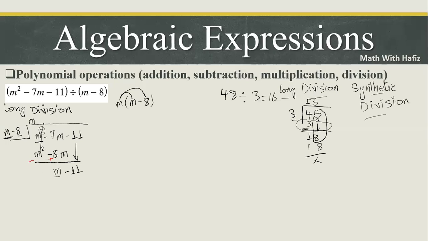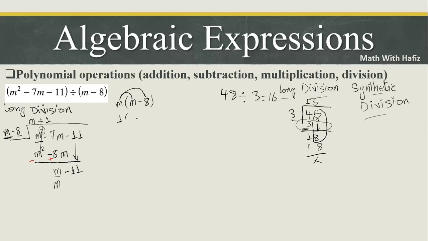Do you need to multiply with any variable? No, because you have the same power inside and outside. What about the coefficient? The coefficient is 1, and the coefficient of the divisor is also 1. So you just multiply with 1, the multiplicative identity. So it will be m, then -8.